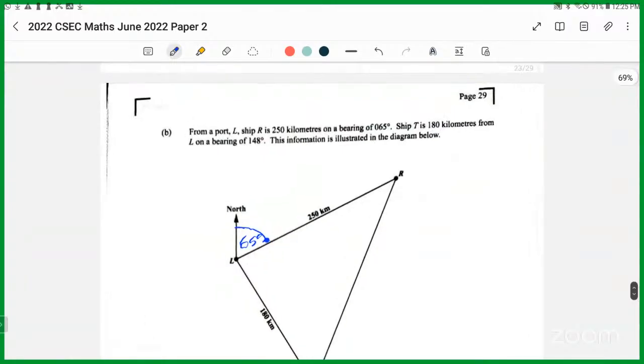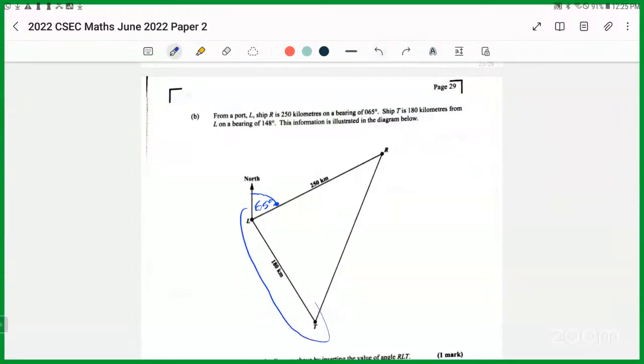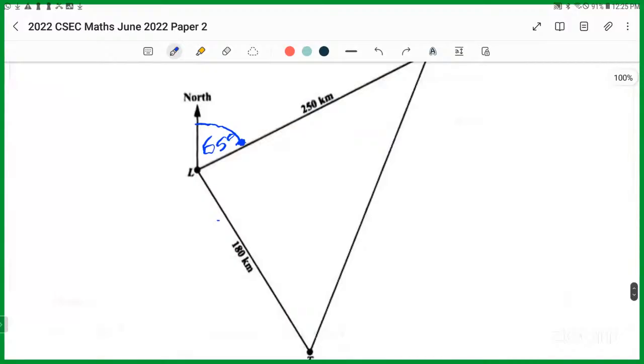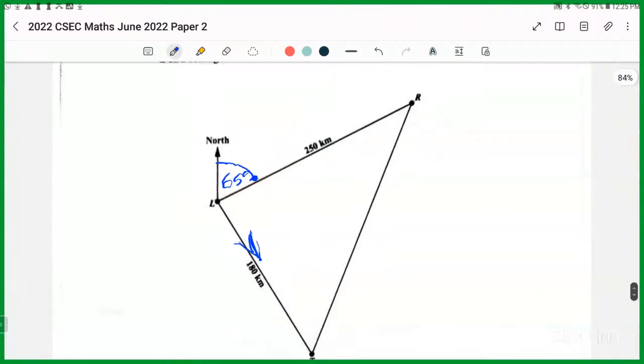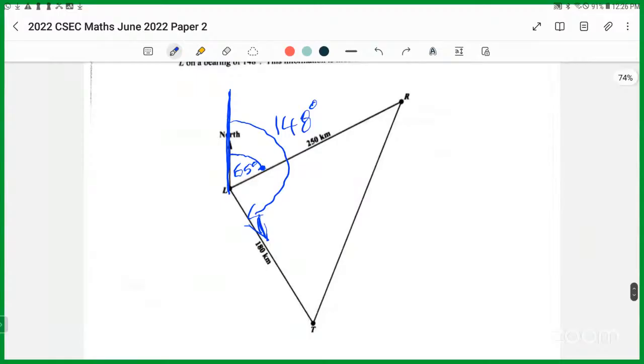It says ship T, that's another ship, is 180 kilometers from L. That's this one now. And that one is on a bearing of 148 degrees. So again, from this north direction, you have to turn 148 degrees to the right to face T, or to go in the direction of T. So that angle there is 148 degrees.